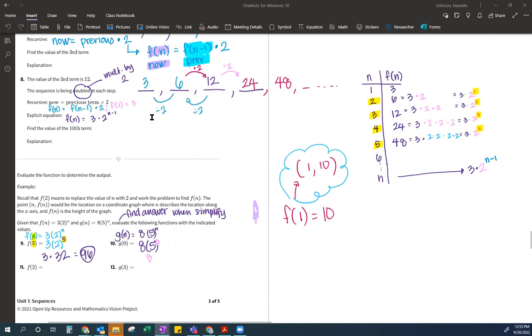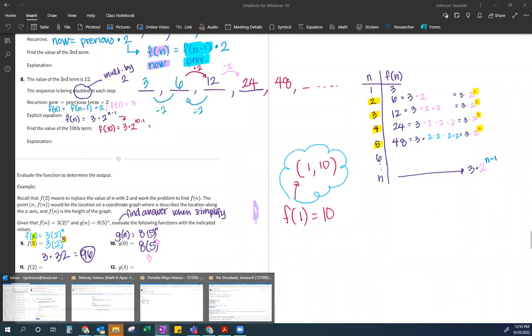Now, if you don't understand why the explicit form, then use the recursive form and see why. So here I go. f of 10 is equal to, plugging it into this equation here, 3 times 2 to the 10 minus 1. Again, you can use your handy dandy calculator, you can use Desmos, you can use a lot of different methods.